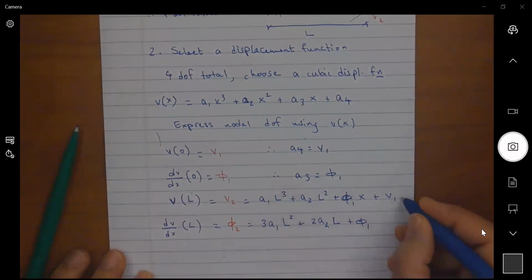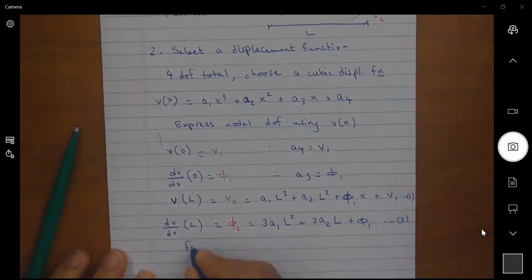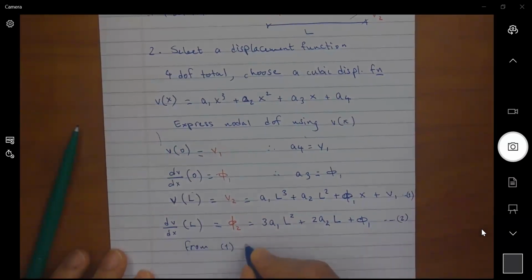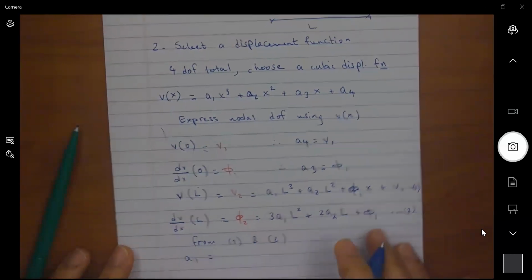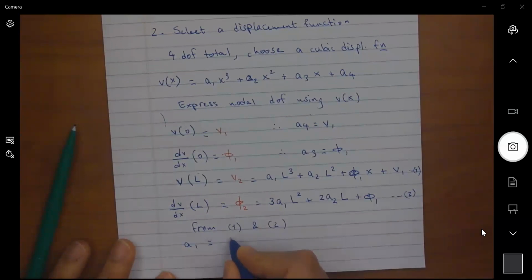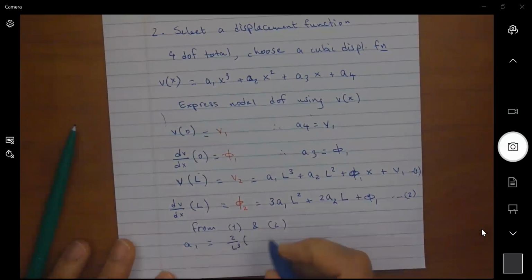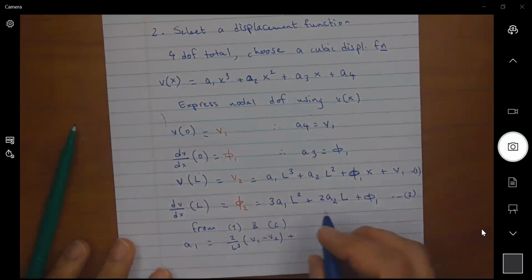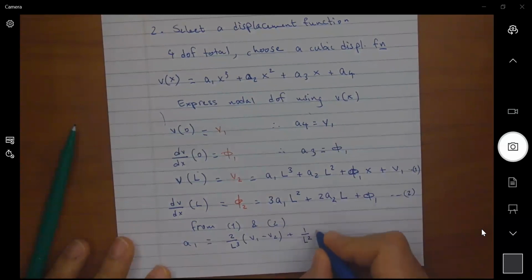So if I refer to this as 1 and 2, from 1 and 2 we can find that A1 is equal to 2 over L cubed multiplied by V1 minus V2 plus 1 over L squared multiplied by Phi1 plus Phi2.